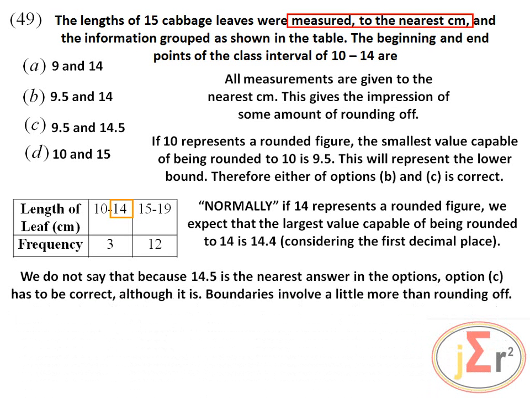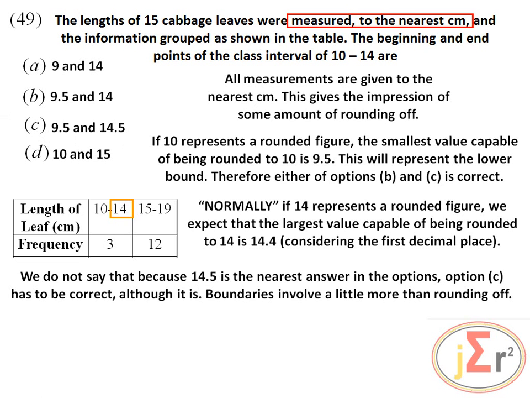We do not say that because 14.5 is the nearest answer in the options, option C has to be correct, although it is. So although C gives the one nearest to 14.4, which is 14.5, it is correct. We are not saying that it is correct because it is the nearest one, although it really is.